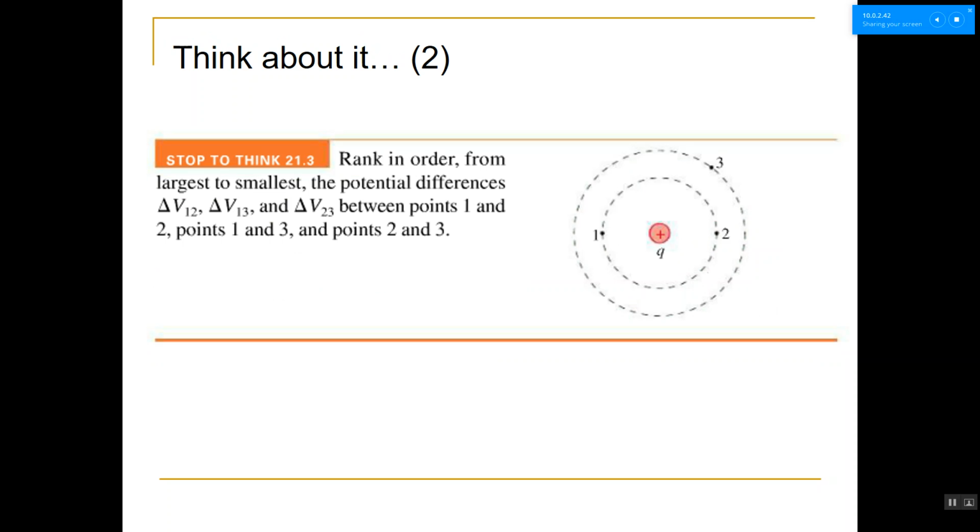Here's another one. Rank in order from largest to smallest the potential differences from 1 to 2, 1 to 3, and 2 to 3. Let's do V12 first.